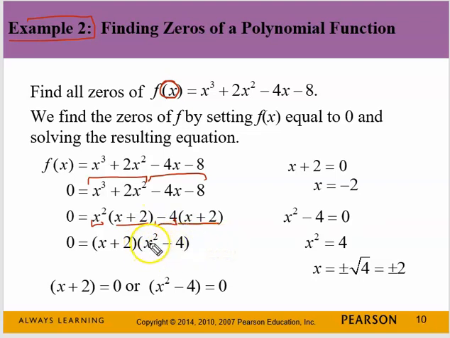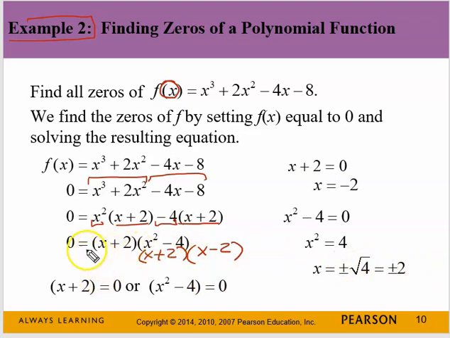Now, this one also factors, by the way, and they do it by the square root method. I would suggest you do it by factoring it into its conjugates, x plus 2, x minus 2. And you're going to get the same answers, plus or minus 2.